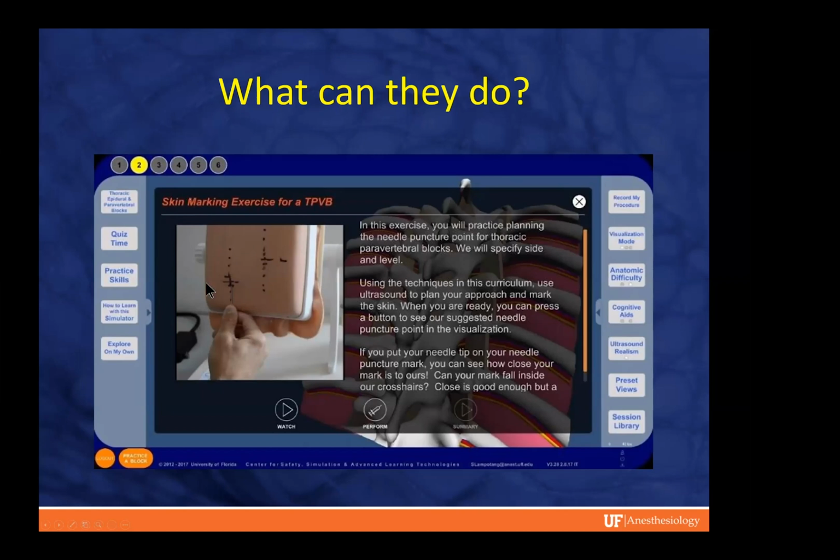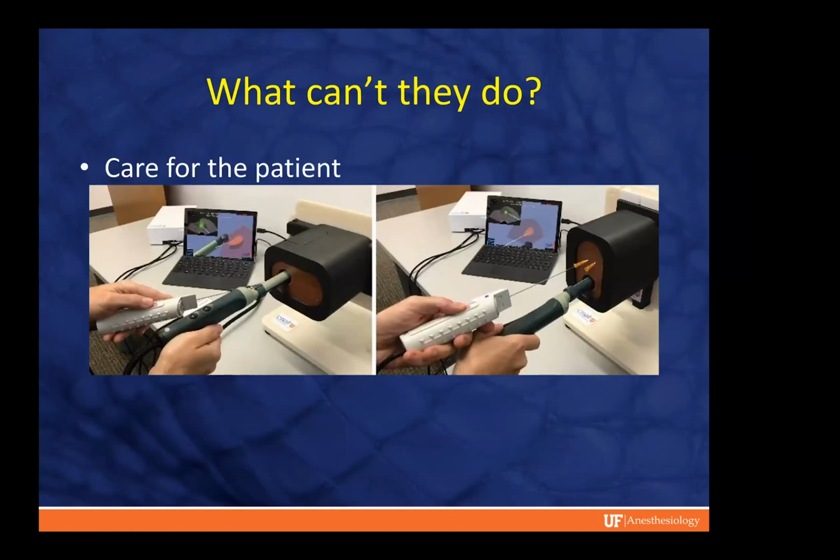And virtual tutors like this can be built into any of the simulation blocks to have the simulator itself teach people how to do a technique. What they can't do is essentially do the technique for you. You still require a human operator at some level to interact with the thing. What they can't do yet, and some of what we are envisioning is that this could be turned into not just a task trainer, but a patient care system.